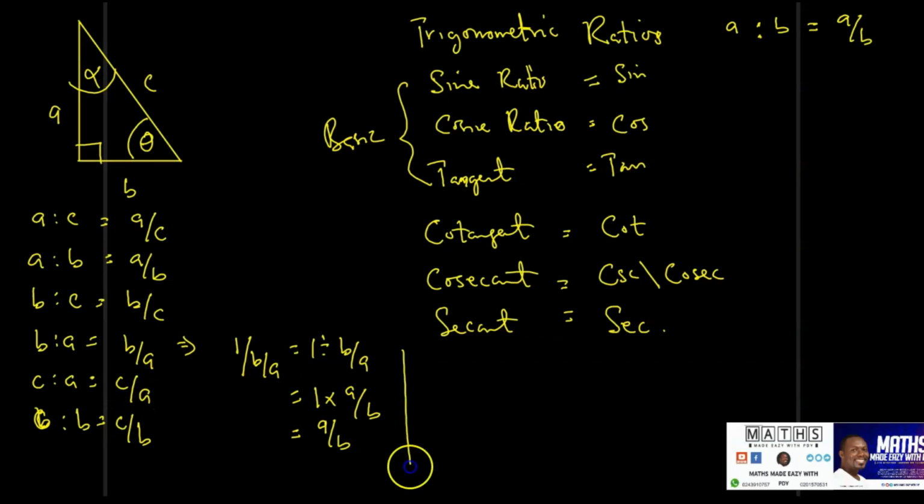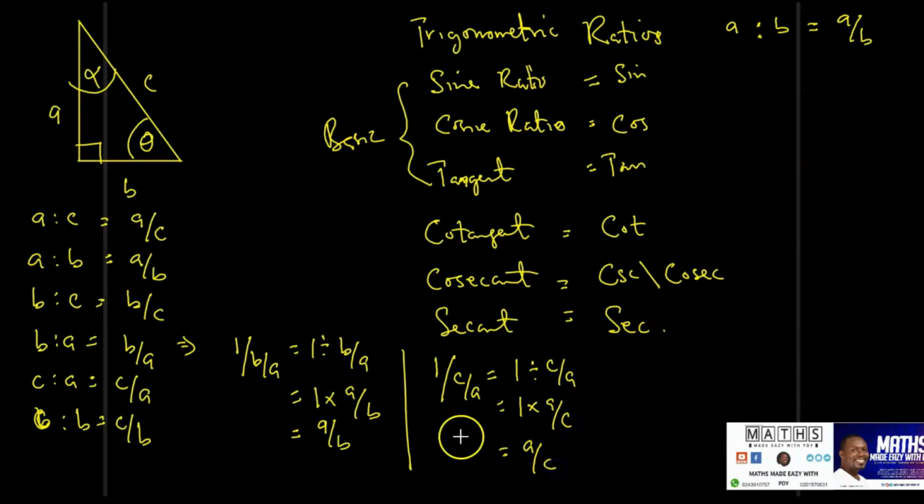In the same way, if I have 1 over C over A, which is the same as 1 divided by C over A, that is going to be 1 times A over C, and that is going to give us A over C. So the inverses or the reciprocals of these expressions give you what is down here.